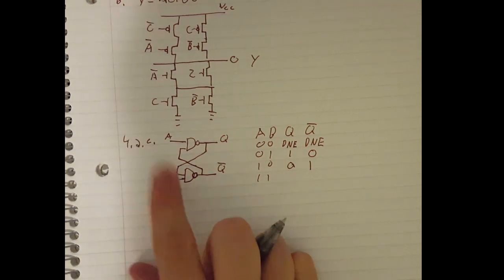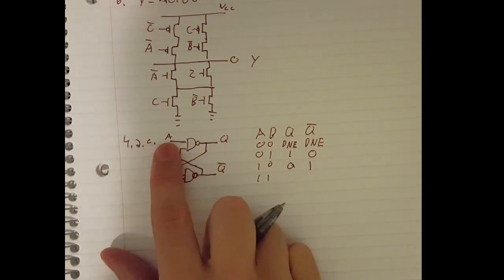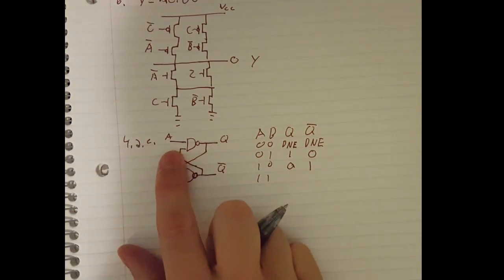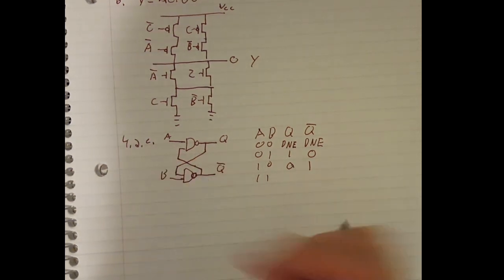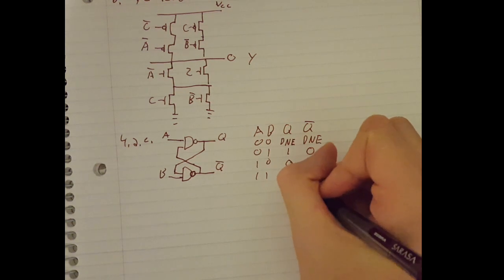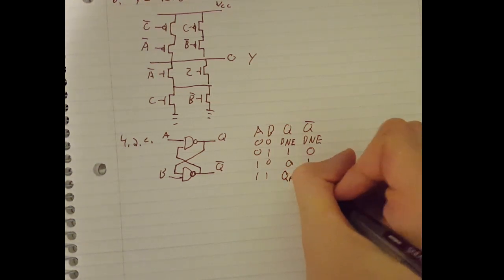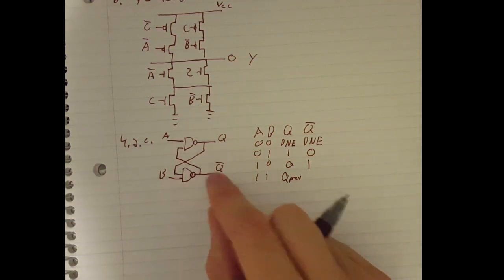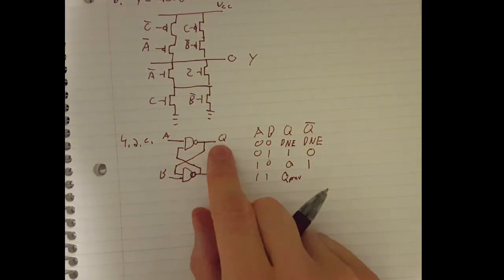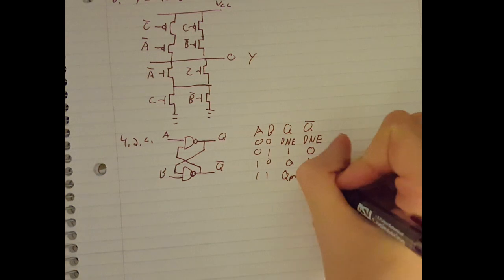Now if A is 1 and B is 1, Q is just knotted Q naught, which means it's just Q. So it's Q previous. And Q naught is just knotted Q, which means it's Q naught previous.